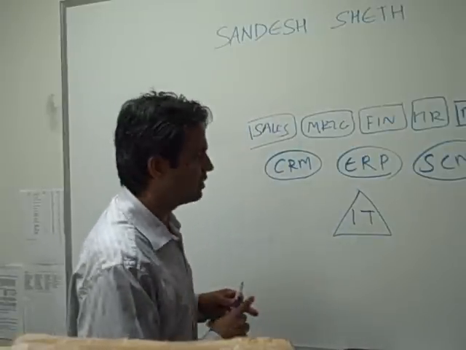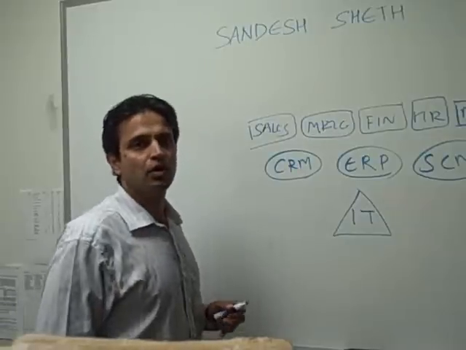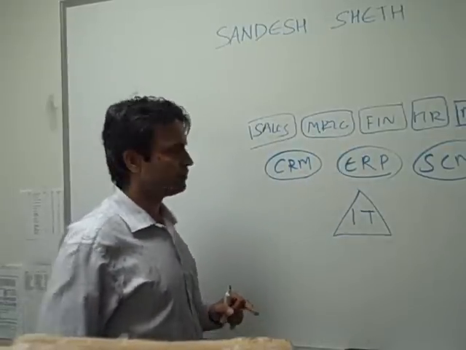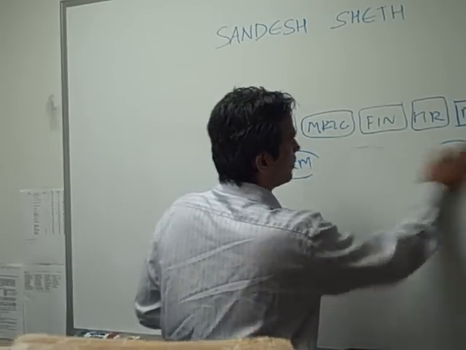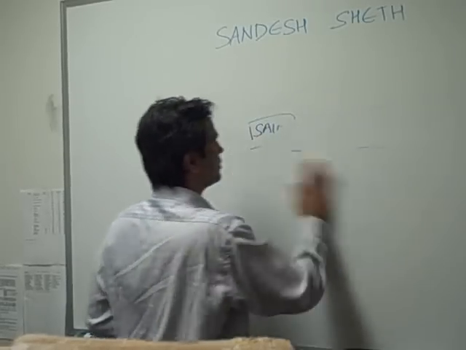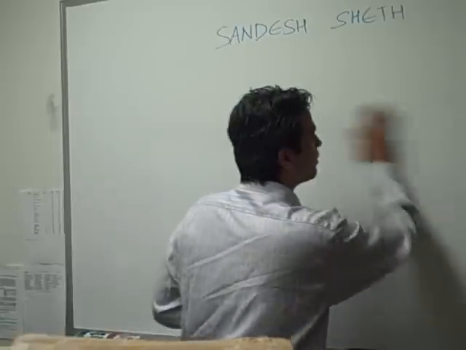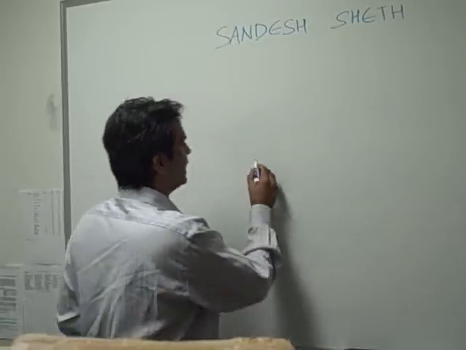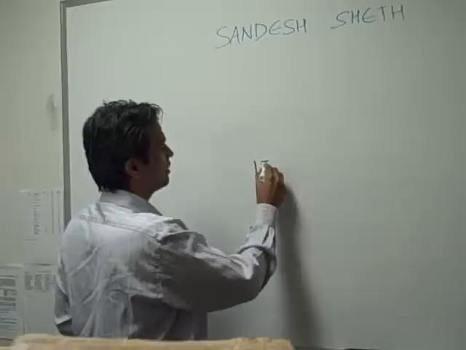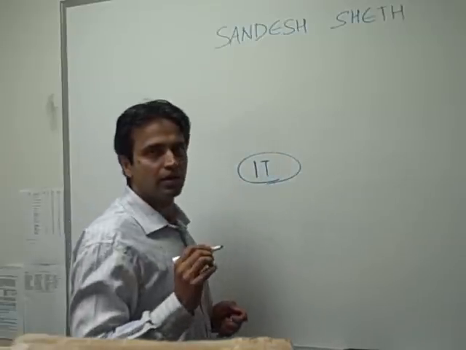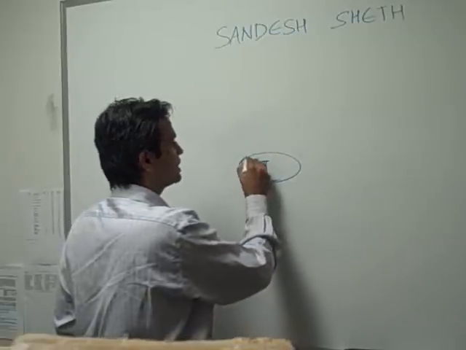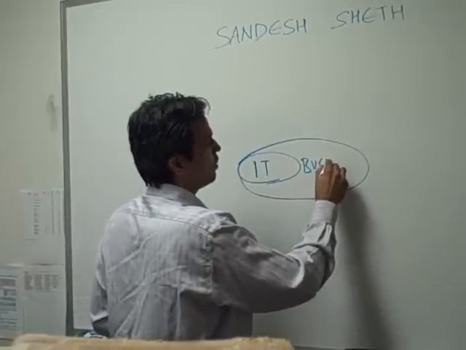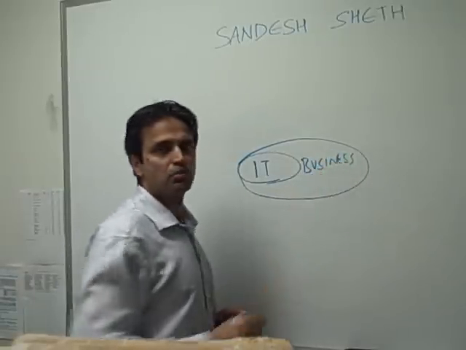So here we have this organization with the various functions enabled by the IT. So we start off with IT. The scope gets extended to include the entire business, which involves all the various departments.